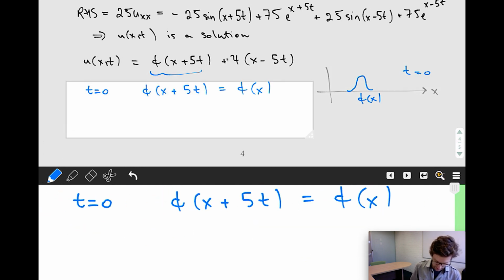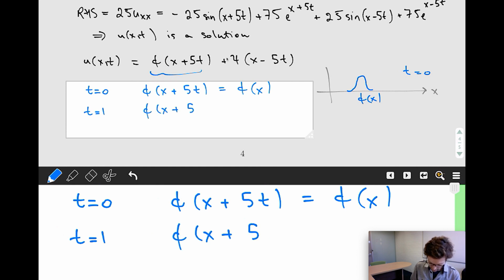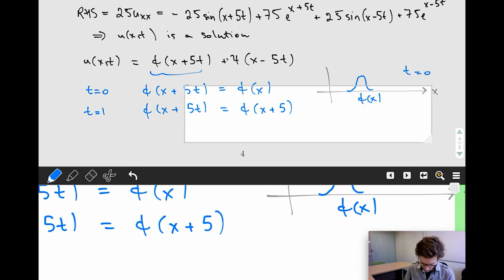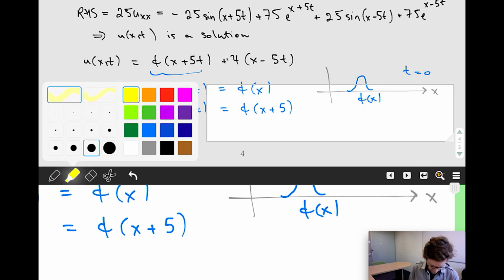Now what happens when t is equal to 1? So we've moved forward 1 second. In that case, phi of x plus 5t is equal to phi of x plus 5. In other words, I've shifted my function by 5 units.